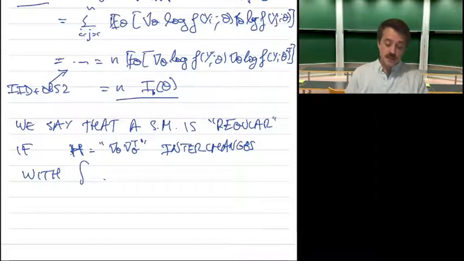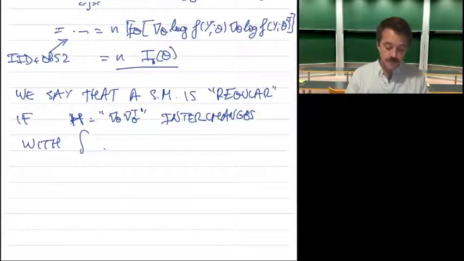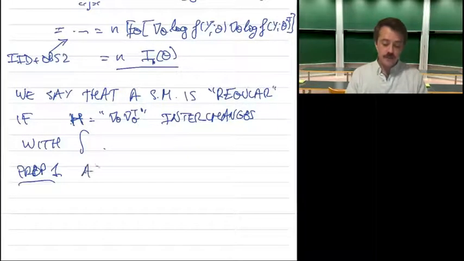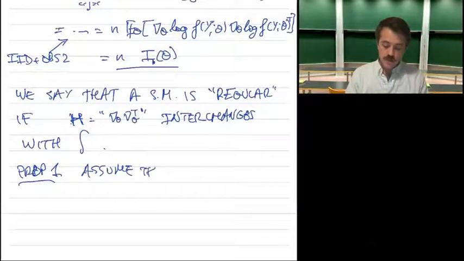Okay, so let's write the proposition. Proposition 1: assume the statistical model is regular.